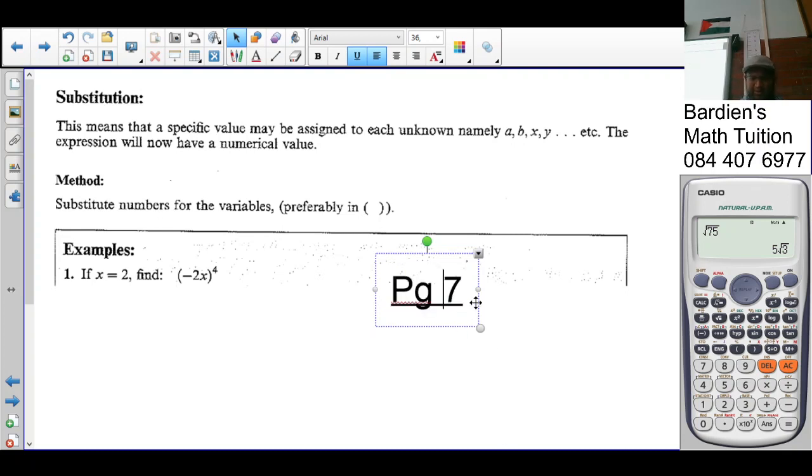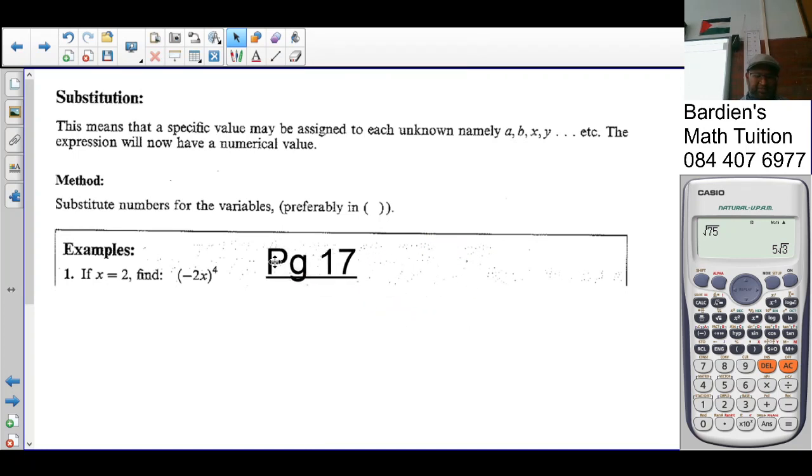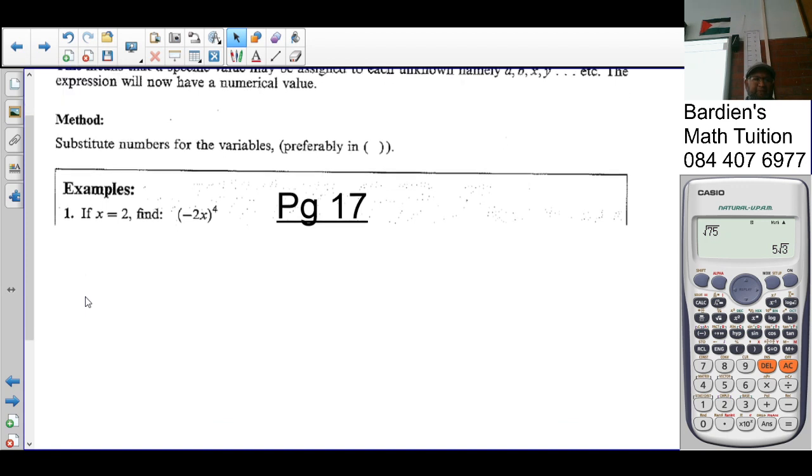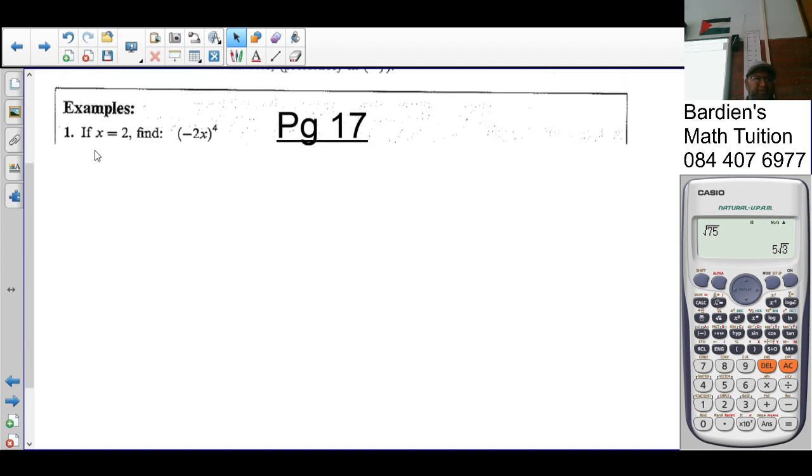Okay. Example 1 on page 17. The question says, if x is equal to 2, find negative 2x raised to the exponent 4.